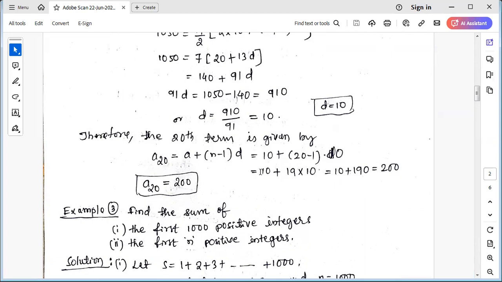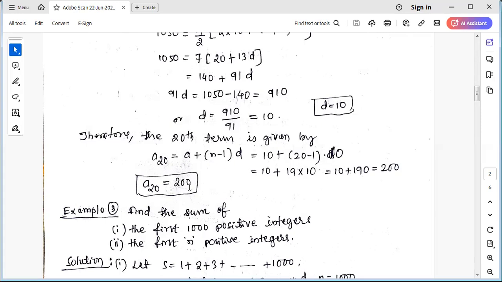So this is equal to 10 plus 19 into 10. 19 into 10 is 190. So 190 plus 10 is 200. So that means the 20th term is equal to 200. So in this way, the problem is solved.